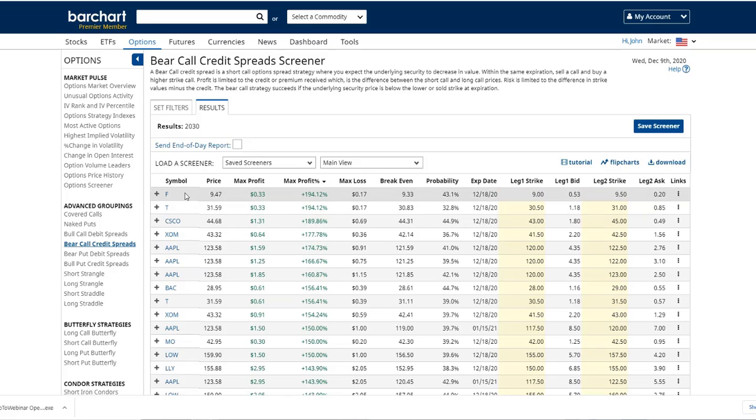First of all, notice the symbols here are random, but it categorized them in terms of max profit percentage. So that's how it's ranked.